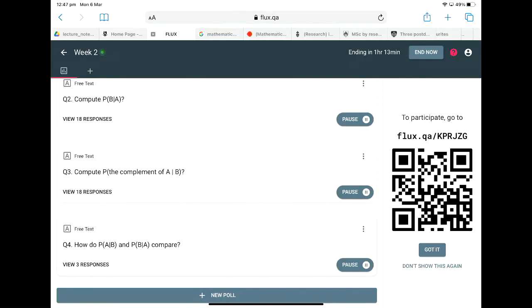In order to write this one, what assumption or condition do I need? So I need the assumption that probability of B is different from 0. And to write this one, I need the assumption that probability of A is different from 0. Yeah. So now what is the relation between probability of A given B and probability of B given A? Just write it from the definition. Does anyone have the answer?